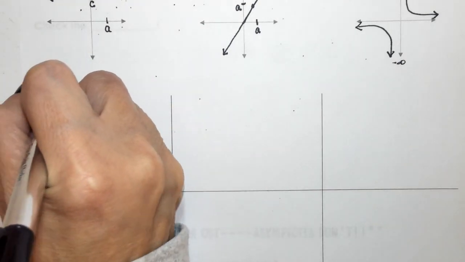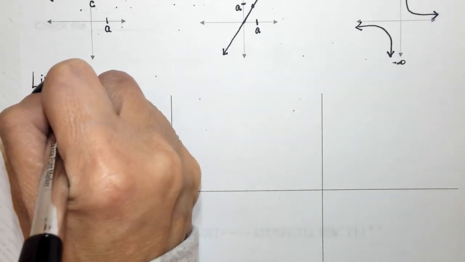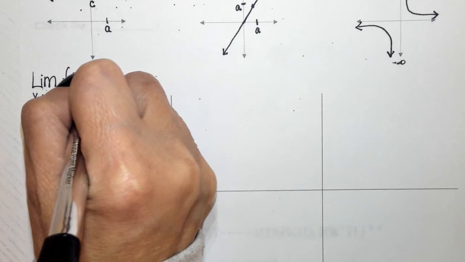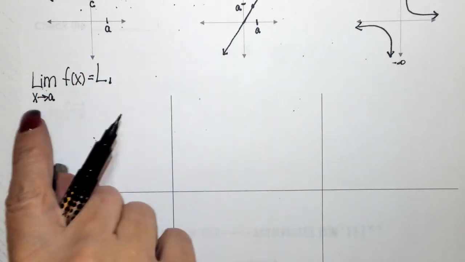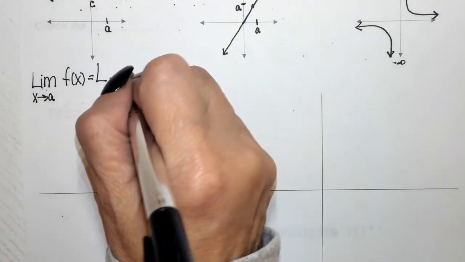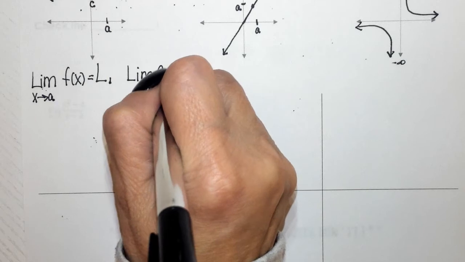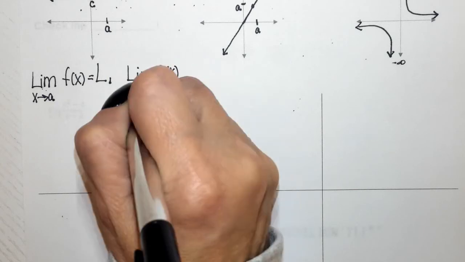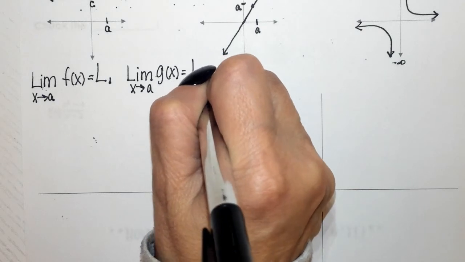Now I want to show you how to work with these limit properties. So I want to take the limit as x approaches a of f of x equals L1. This is like my first rule. And then my second one, the limit of g of x as x approaches a, equals L2.